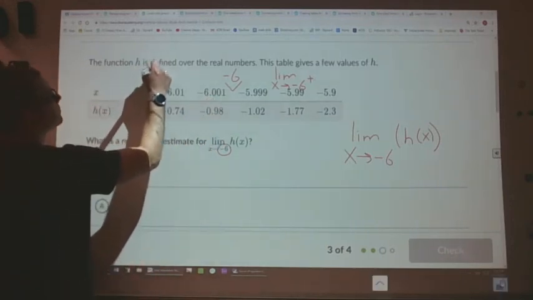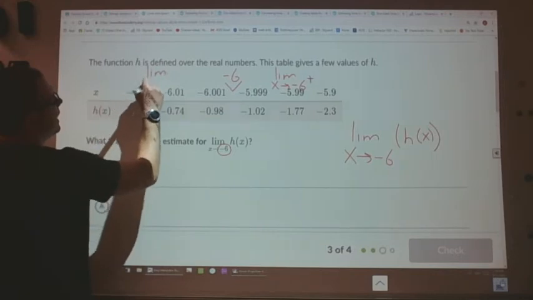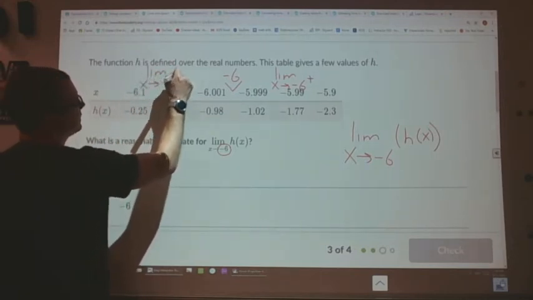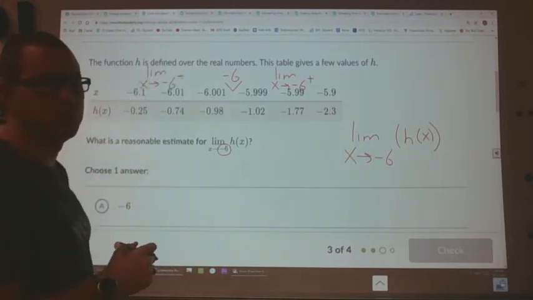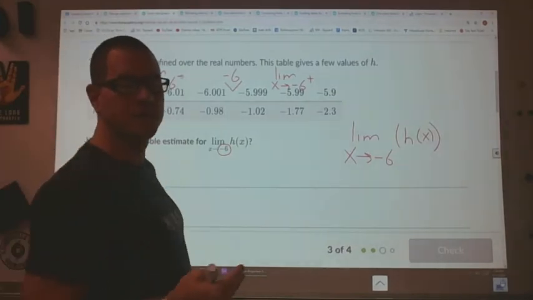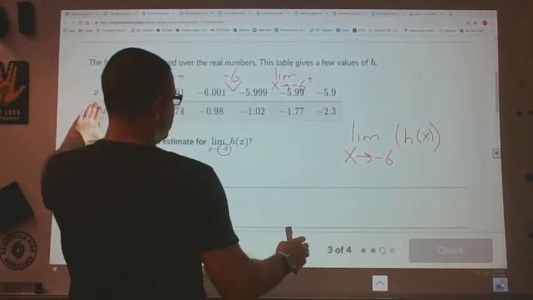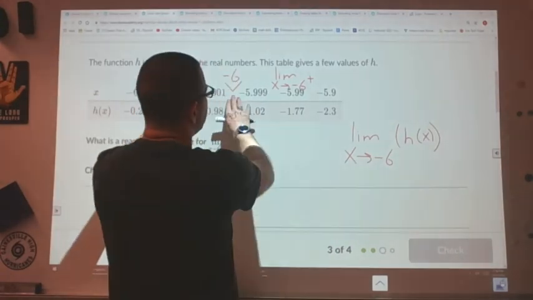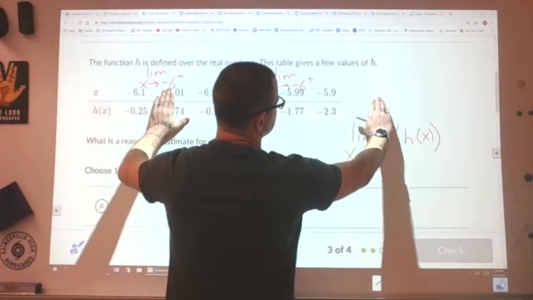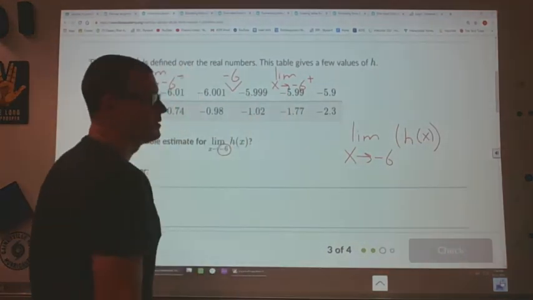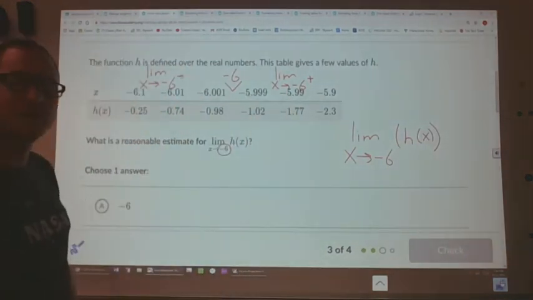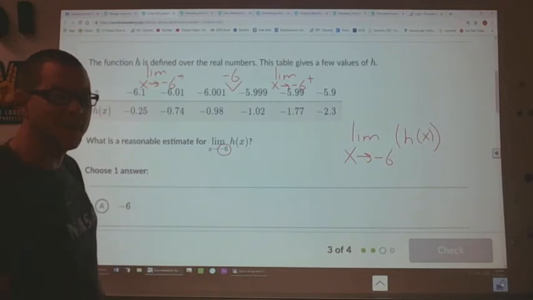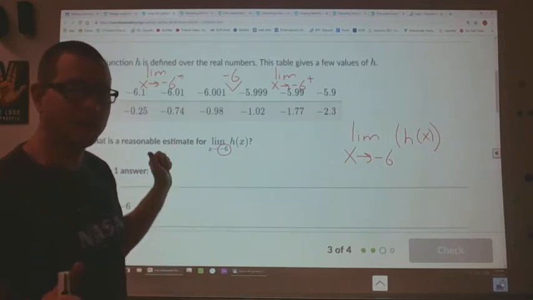So this would tell us the limit as x approaches -6 from the left, using smaller values. So for one side, we're coming in this way and trying to find that middle value. And then we're going to look at it on the other side and come in that way. It's like there are two sides to every story. There are two sides to every limit. Left and right, lower bound, upper bound.